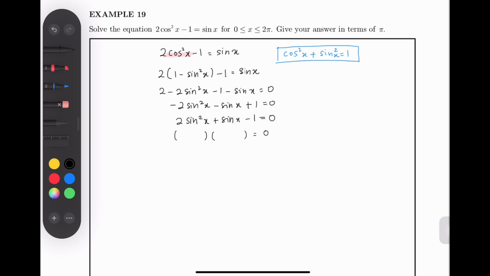Factorize to get (2 sine x minus 1)(sine x plus 1). From here, we get two different sets of answers. 2 sine x minus 1 equals 0, so 2 sine x equals 1 and sine x equals 1 over 2. The other one is sine x plus 1 equals 0, therefore sine x equals negative 1.